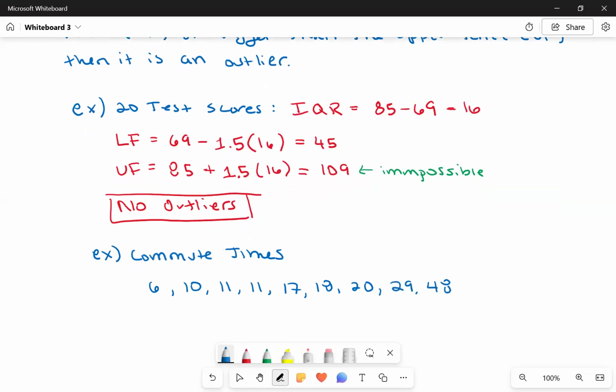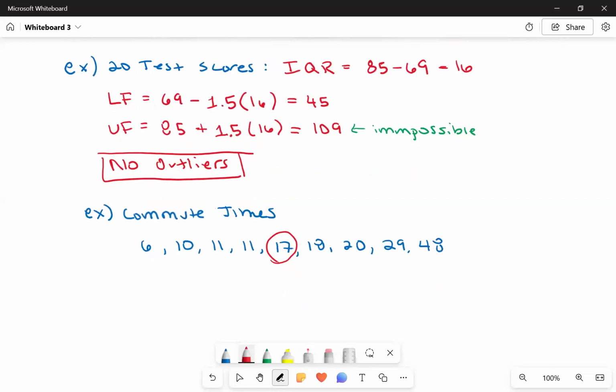Okay, so for this one, the median is 17. The minimum is 6. Okay, I'll write the 17 down just a second because I want to go ahead and do the 5-number summary in order.